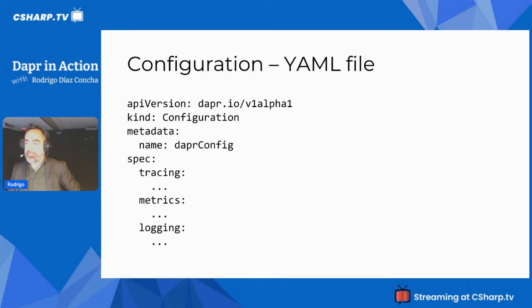So that configuration YAML file is magic, okay? We've been using that file a couple of times in this series. So you can see here on the screen, those tracing and metrics and logging elements are the locations where you specify the tracing configuration, metrics configuration, logging configuration, and so on.